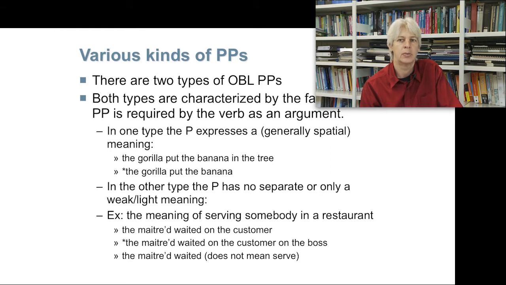So to recap, you have two different kinds of oblique argument PPs. In one, the preposition really means something. It's expressing usually some kind of spatial thing, where somebody did something, where somebody went, etc. In the other type, it looks exactly the same, but it doesn't have that meaning.